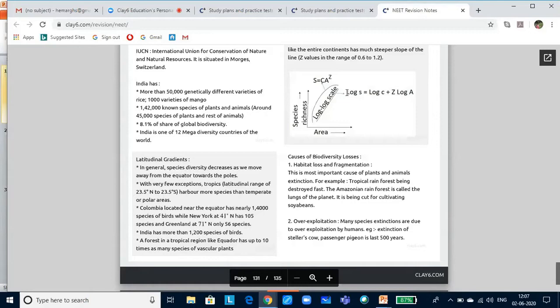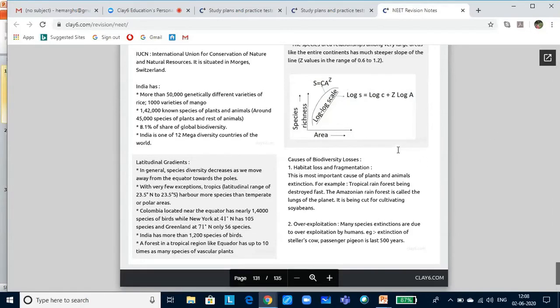India, with much of its land area in the tropical latitudes, has more than 1,200 species of birds, and the tropical Amazonian rainforest in South America has the greatest biodiversity on the earth. This can be a question.